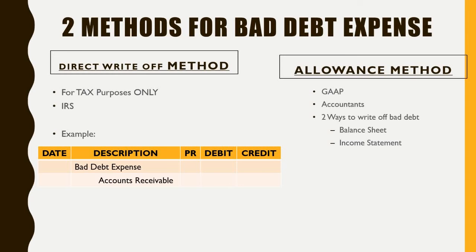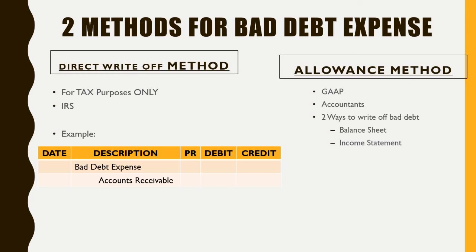In this case, we're looking at accounts receivable and a bad debt expense. Look at this example here. When I journalize it, I'm taking it directly out of the accounts receivable.